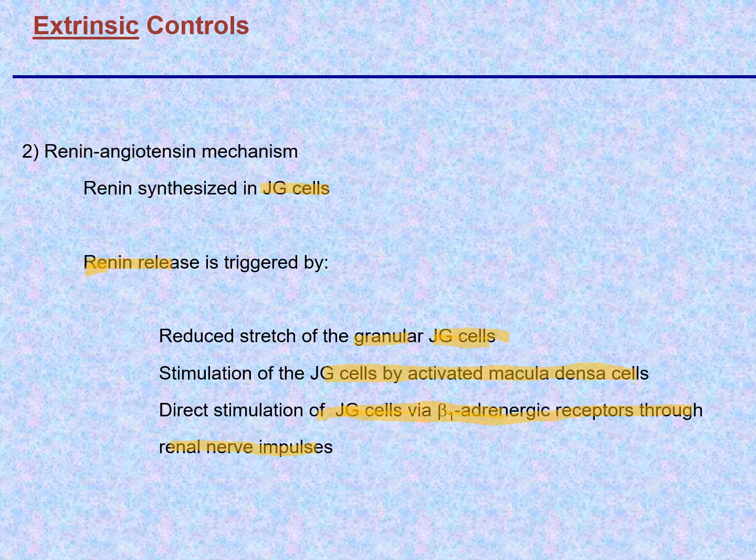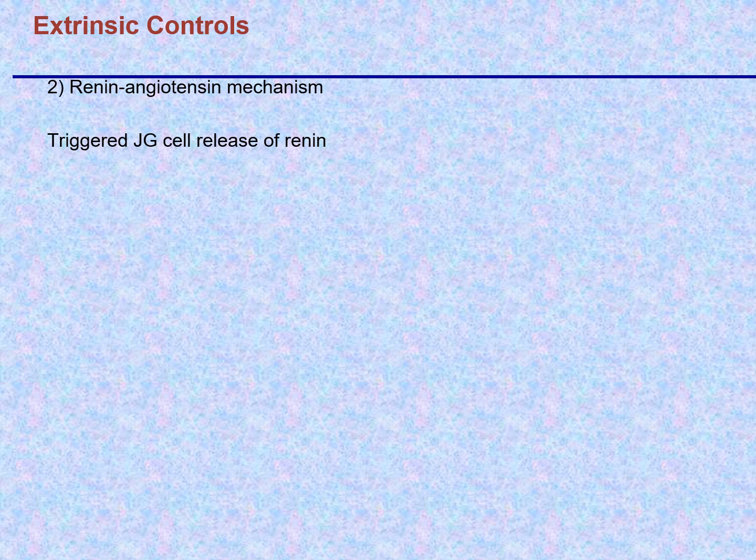So this is a sympathetic adrenergic, epinephrine kind of response. So these are 3 ways that renin release can be triggered. I said 4, I meant 3, sorry.